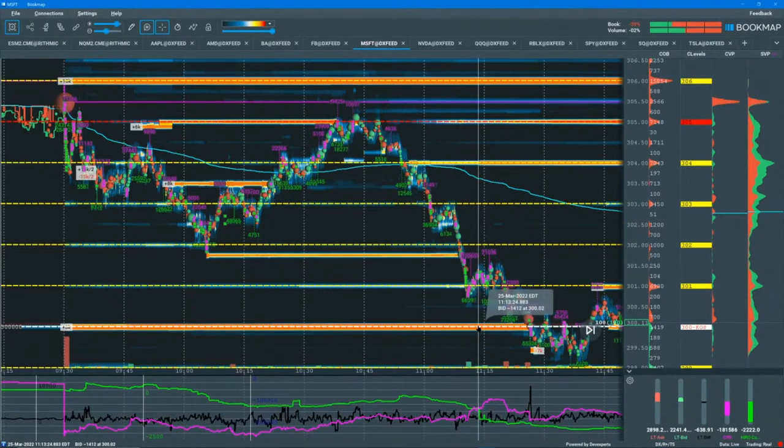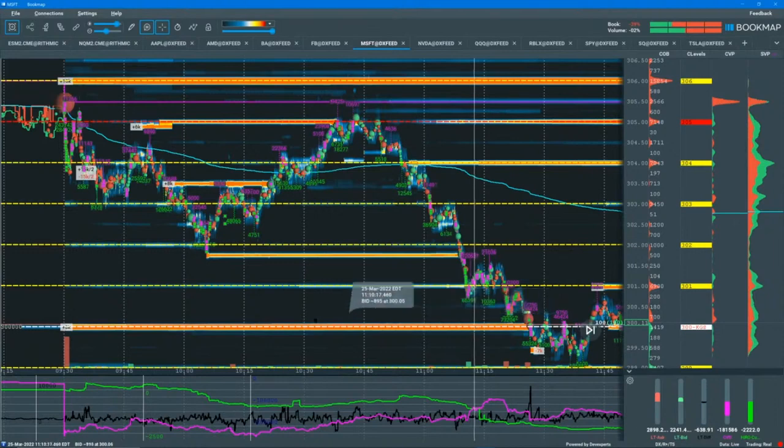It's, first of all, a big round number, 300. It's the key gamma strike, and also it's where the most liquidity is concentrated. I believe that price is always seeking buyers and sellers.